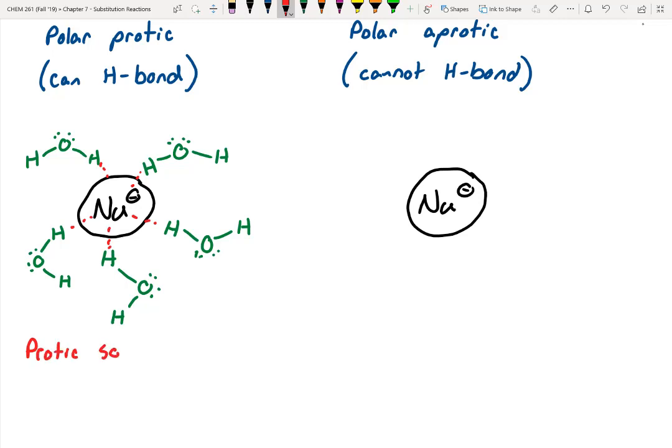So protic solvents will H bond to our nucleophile. All right, my question for you is, let's focus on polar protic right now. Will this affect an SN1 reaction very much? What do you think? Does the nucleophile matter very much in an SN1 reaction?